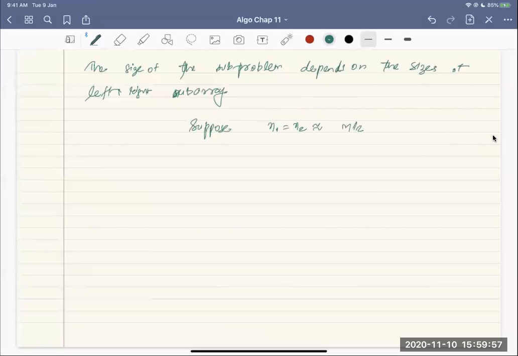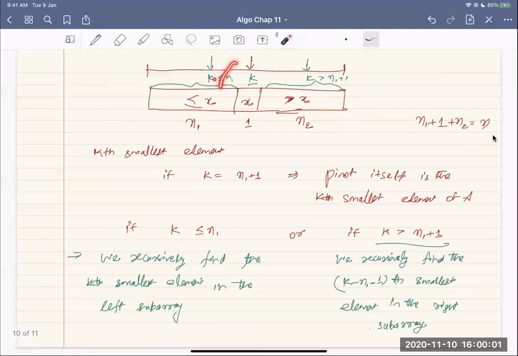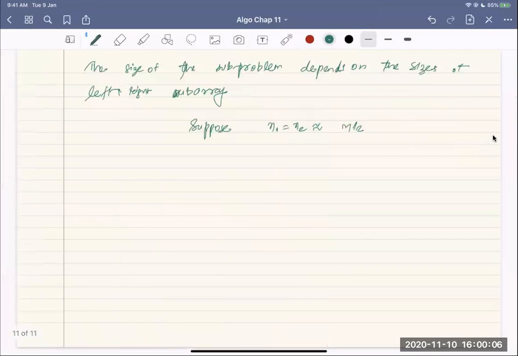And then what would happen? You have to only go to one of the subarrays of size n by 2. So then the running time of the selection algorithm, T(n), would be T(n/2) plus O(n).